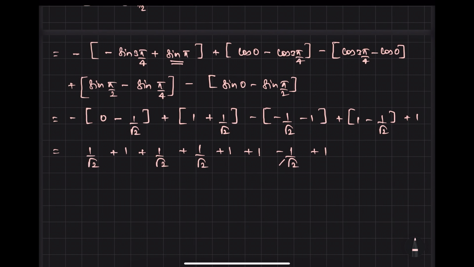Okay, so this thing and this thing gone. Okay, I think we made some mistake. We got 4 plus root 2. Let's check again. This is okay. Here we are making a mistake. Cos 0 is 1, correct?